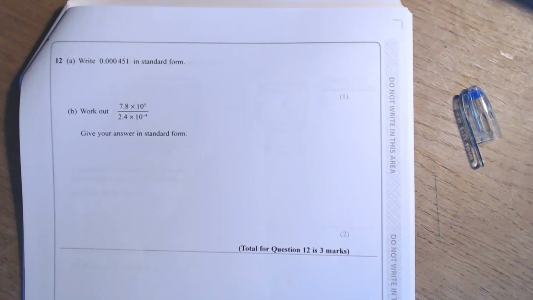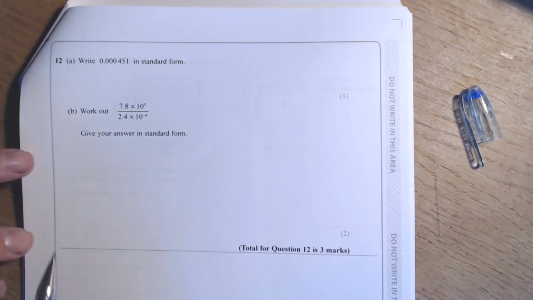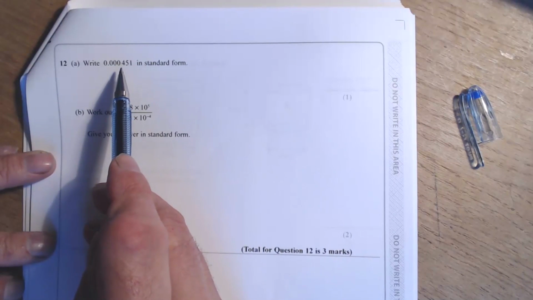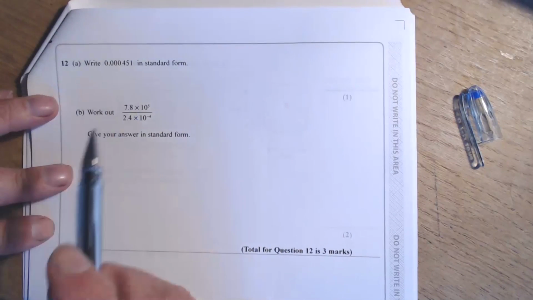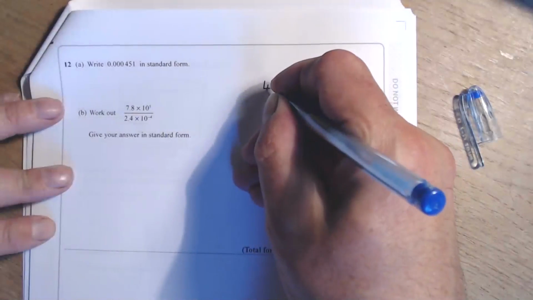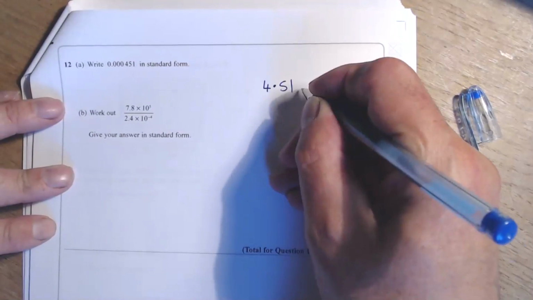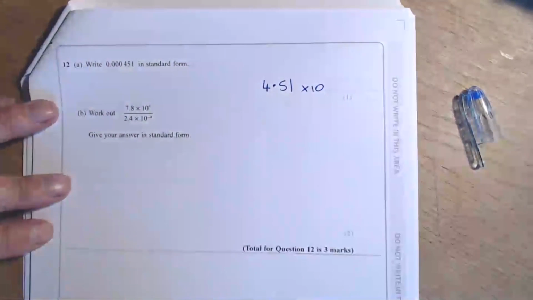So question 12, write this number in standard form. Now remember, for standard form, the first number has got to be between 1 and 10. So where would we put the decimal point to get a number between 1 and 10? That's going to be 4.51, and then it's times 10 to the something.